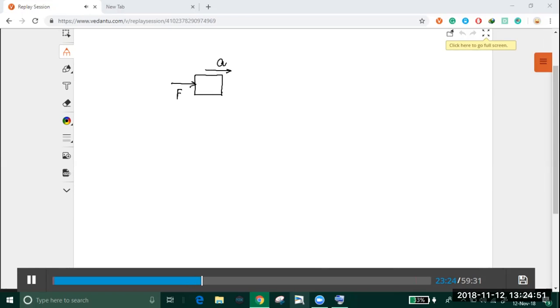I do not know how much force is acting on this block. I know the acceleration. Let's say the acceleration is given as 5 meter per second square, and the block has mass m, right?